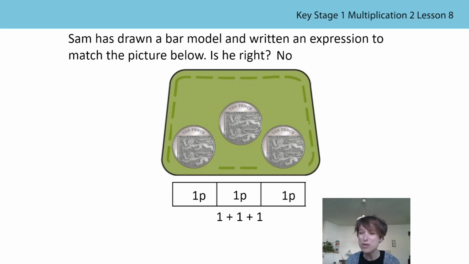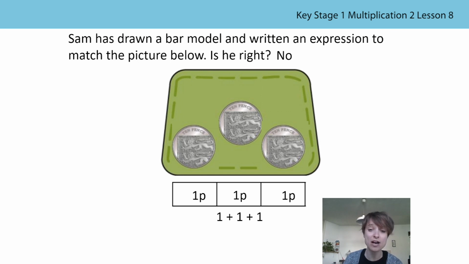Okay, shall we go through this together now? Right, so we can see some 10p coins, can't we? Do you remember what the value of a 10 pence coin is? That's right, each 10 pence coin has a value of 10p. So how many 10p coins can you see in Sam's purse?